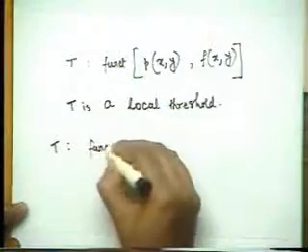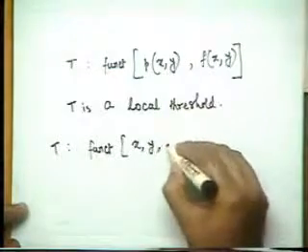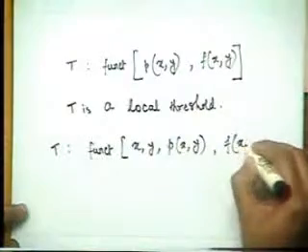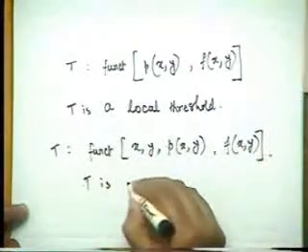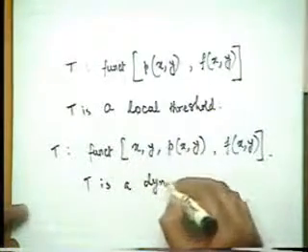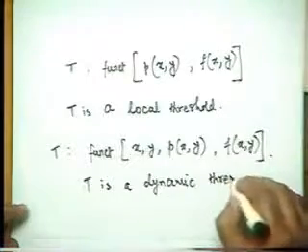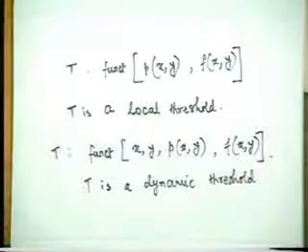So if t is a function of x as well as y, as well as the local property p of xy as well as f of xy, then t is called a dynamic threshold. That means to say, we have to find the threshold for every point xy individually.